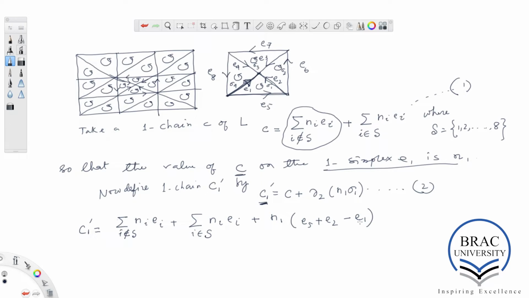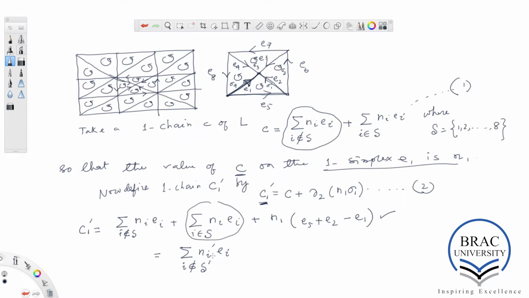All right, but you see that in this expression there is one N1 E1, right? And you get minus N1 E1 here, so that the contribution of E1 drops out in this expression. So grouping everything together, you get the following expression: sum over Ni prime Ei, I is not in S prime.